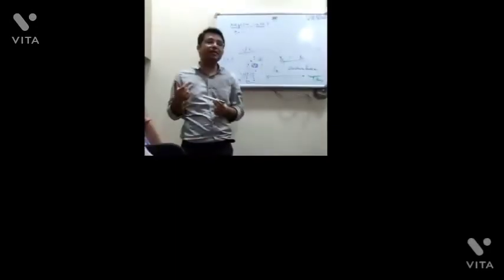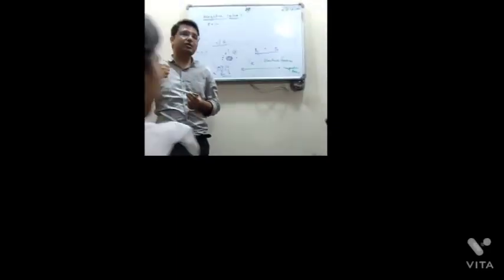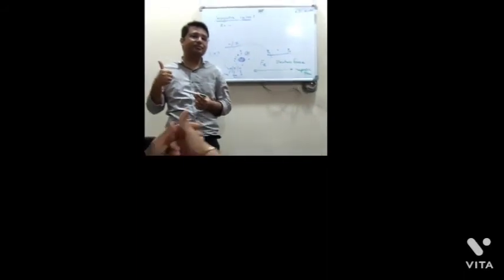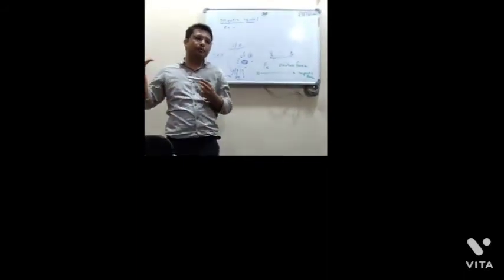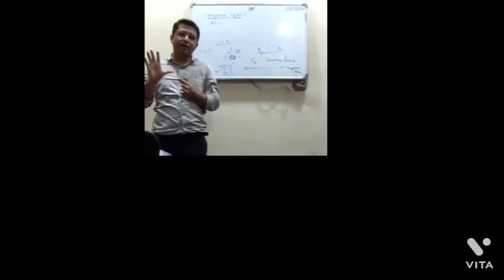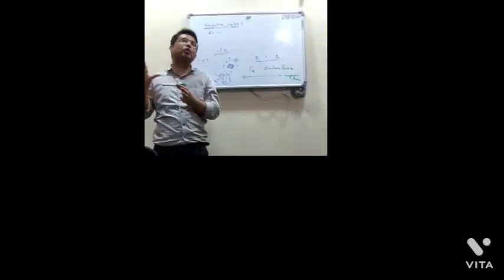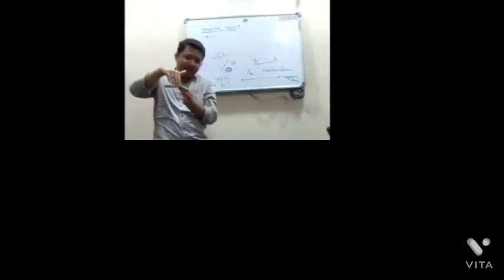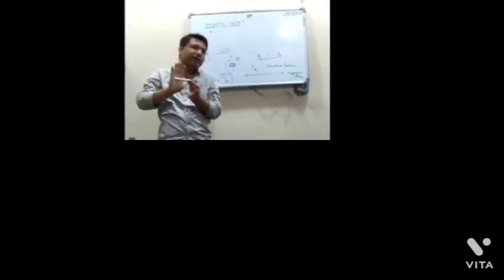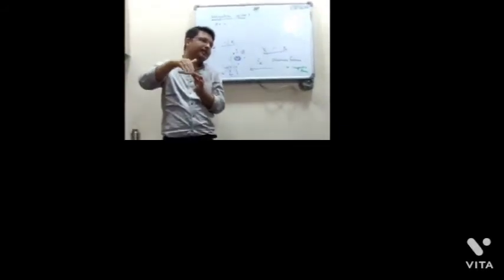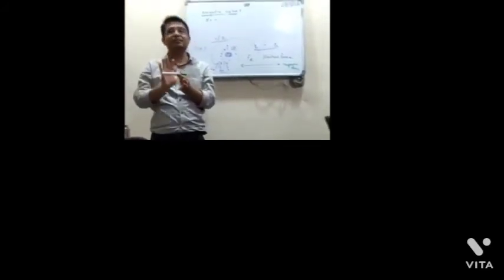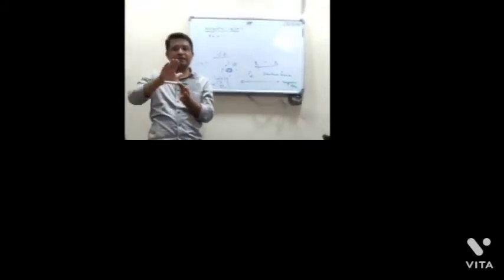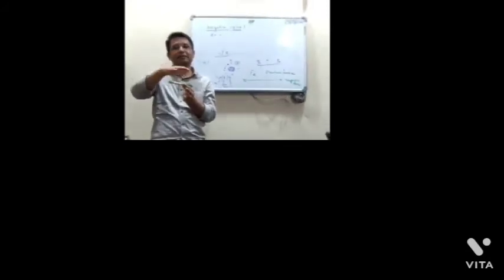You have to point your thumb in the direction of the flow of current, and the fingers indicate the direction of the generated magnetic field. So the magnetic field will be generated like this.